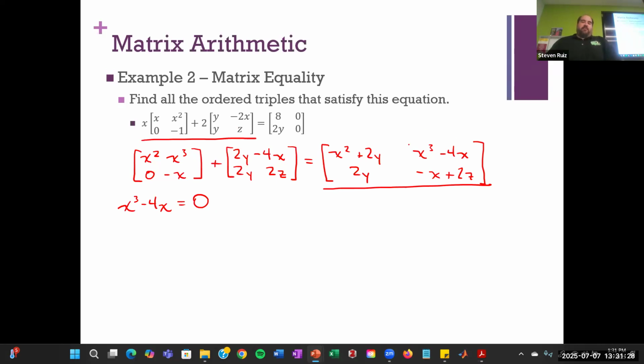So entry 1, 2 of both matrices, those better be equal. So x cubed minus 4x better be equal to 0. Which from there, I can say some things about x, right? What's x equal to?